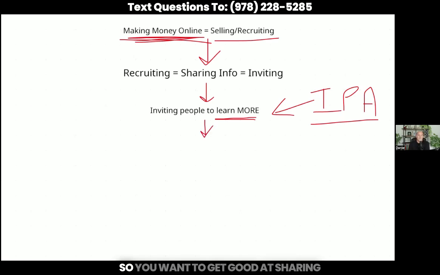So you want to get good at sharing information, sharing a YouTube video, sharing a link, sharing the information that you have, inviting people to, hey, would you, or, here's a good formula. And this is going to lead us right into the next topic here: inviting people is simply marketing.